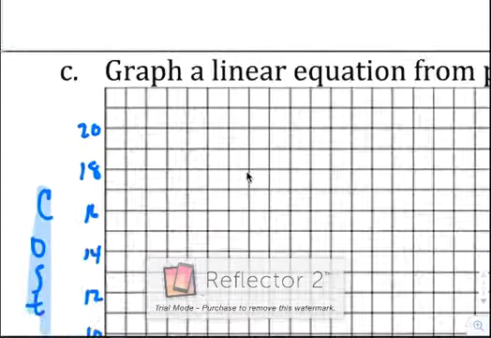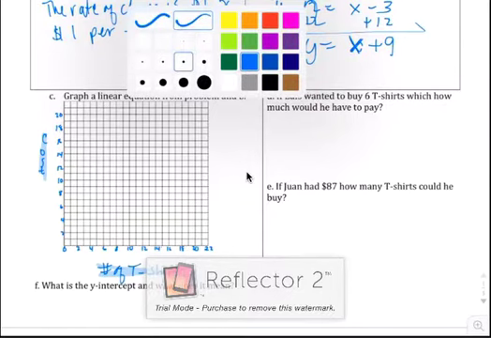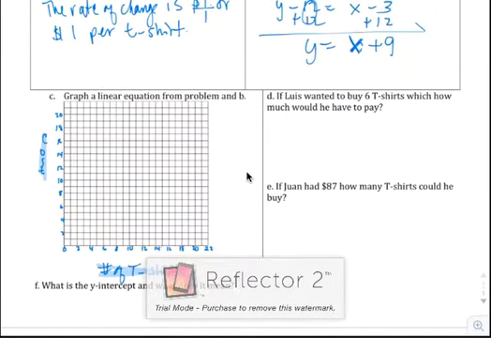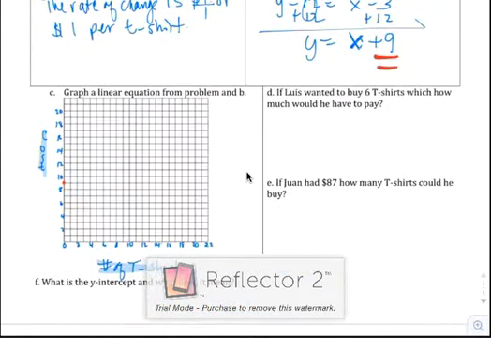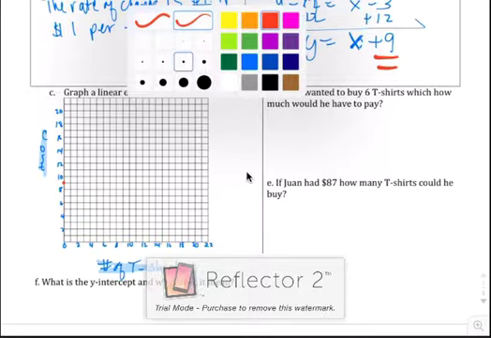Starts out at 9. Right here, the y-intercept, 9. And then you go up 1, right 1.